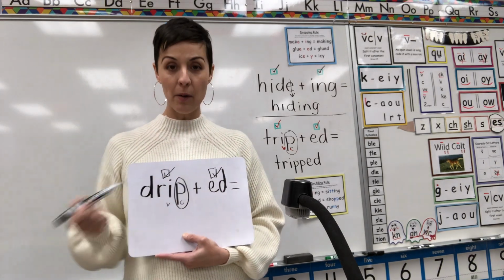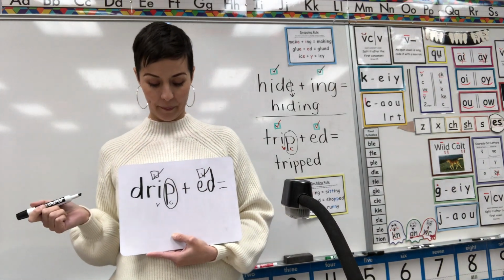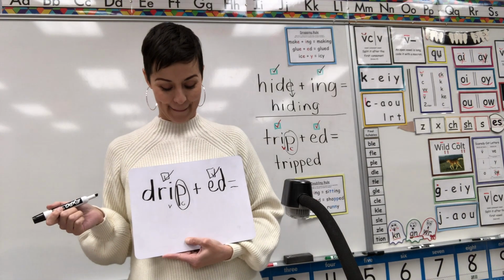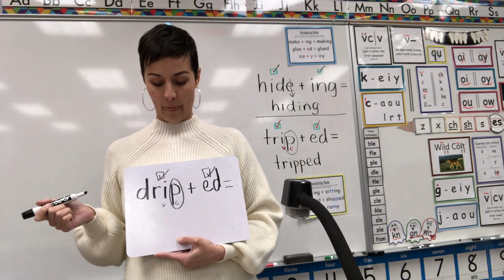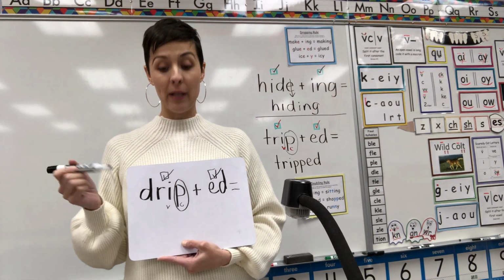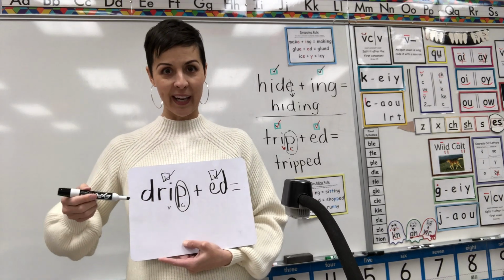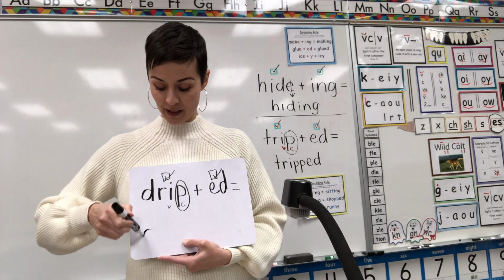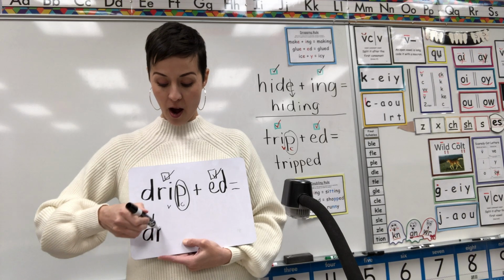And will you spell it the right way underneath? Go. Okay, will you tell me how did you spell dripped? And I'll check it. Ready? Dripped is D-R-I-P-P-E-D.